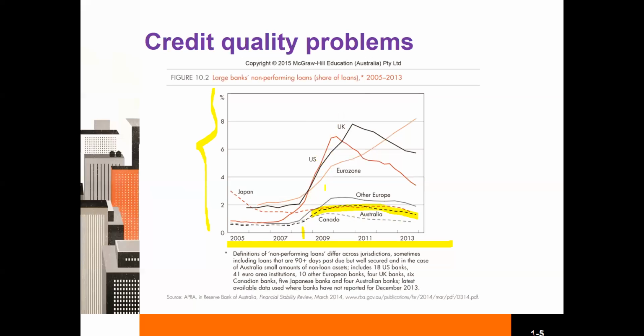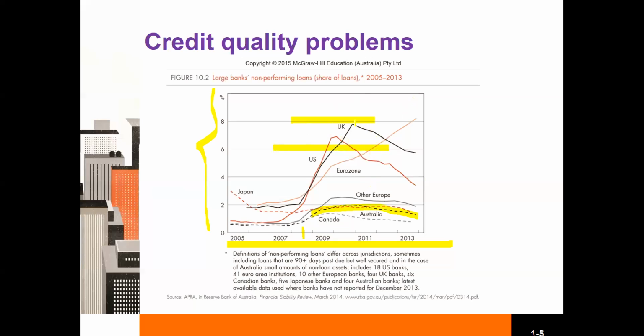Australian banks' non-performing loans were less than 2% of all loans for the whole period. This is a stark contrast to the US, UK, and Eurozone, where non-performing loans extended to, you can say, about an average of 6% to 8% during this period.